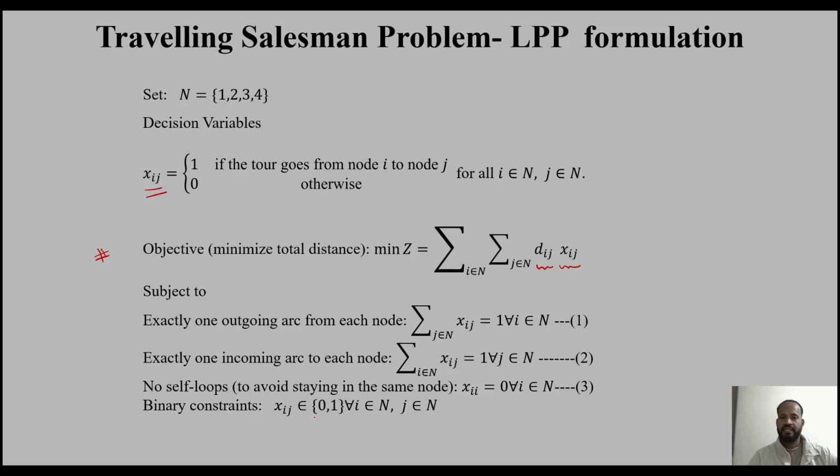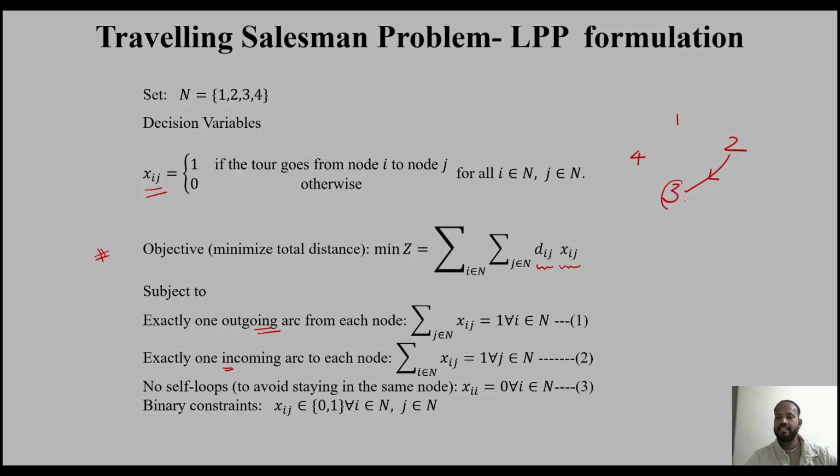There are 3 constraints. The first set of constraints says that for all the nodes, exactly one outgoing arc should leave there. So if the nodes are 1, 2, 3, 4, from 2 only one route should go out. This is applicable for all the cities. Similarly, constraint 2 says that for any city, exactly one incoming arc should be there.